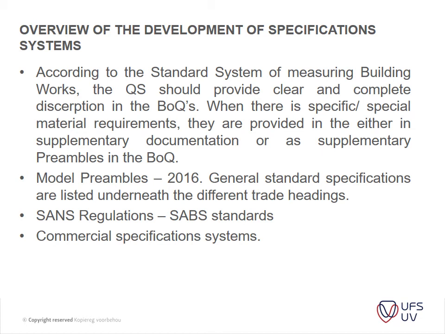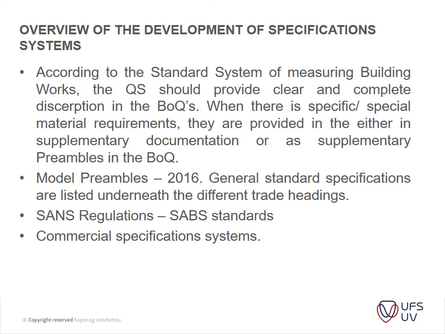When special materials are required, they are provided in either the supplementary documentation or as supplementary preambles or in the description of the actual bill of quantities. The main thing is the contractor shouldn't be able to come back and say, but look, I didn't know how to price this, I priced for this instead of this. That's the main thing that you want to prevent.